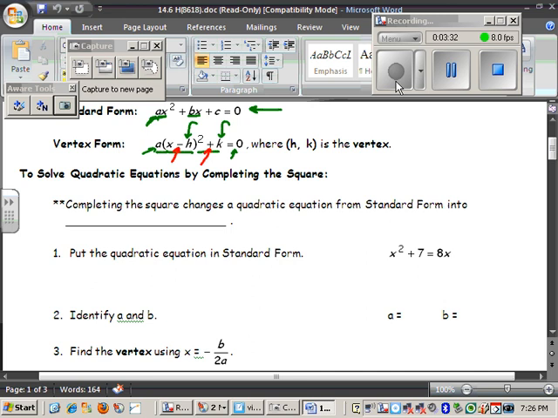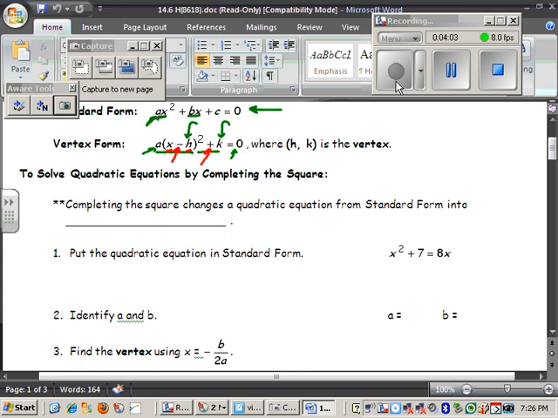So if I had x minus 2, the x of my vertex would be positive 2, not negative 2, because I need to have a negative in order for the formula to be true. If I had x plus 2, then because I don't have a negative sign in the formula, that would mean my x is negative 2. We'll talk about that as we're working.